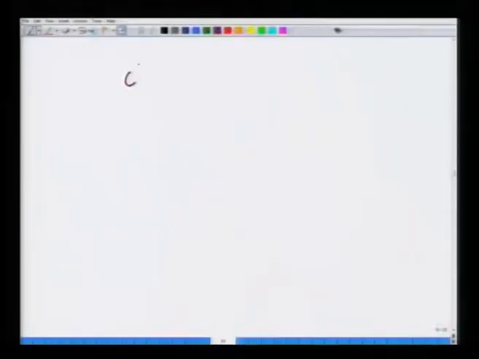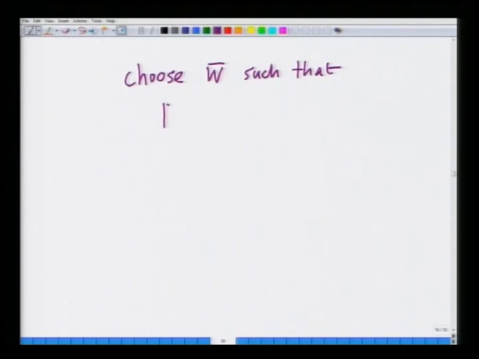I want to choose W bar such that norm W bar square equals 1, implying W bar Hermitian W bar equals 1, because this is scale invariant, I can fix the scale. One way to fix the scale is to say magnitude W bar square is 1, which is W bar Hermitian W bar equals 1.